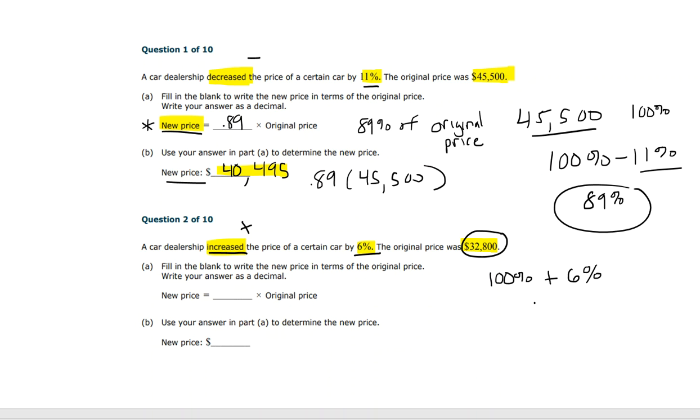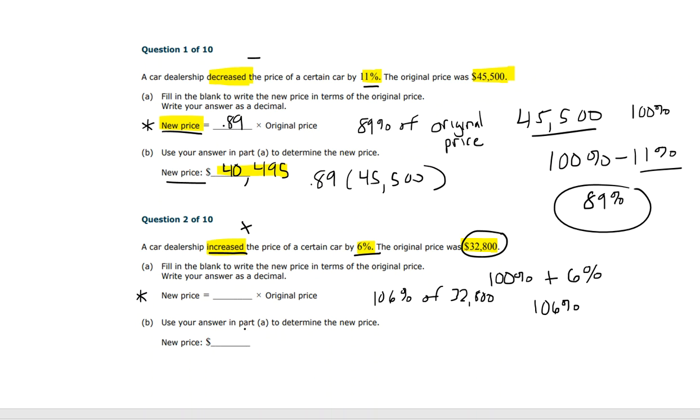So when we add 100 plus 6%, we get 106%. So now when we do this one, the new price is going to be 106% of the original price, which is $32,800.